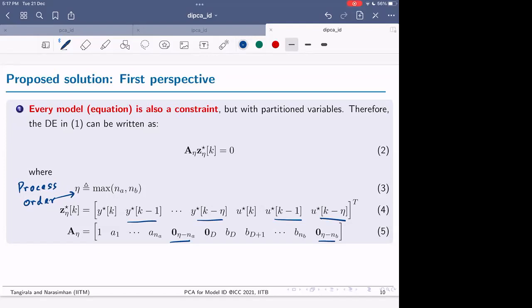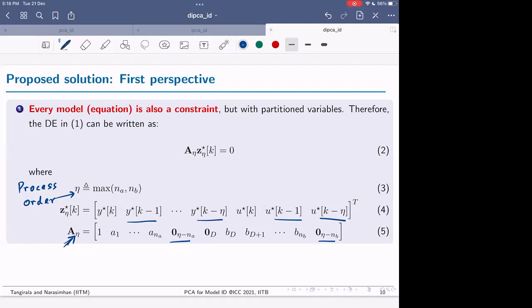And of course, D is also unknown. The delays are also unknown, and we have included that as well in our constraint. So this is a full-fledged model involving some non-zero values in the constraint. Yes, it is a single row, but we still prefer to use a matrix for reasons that will be clear very soon.